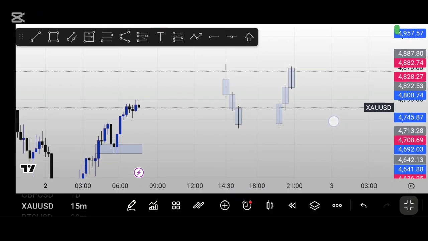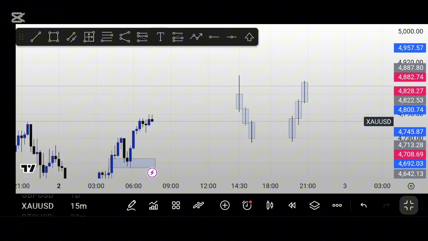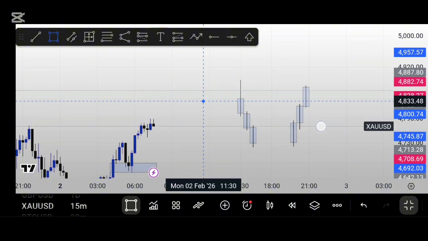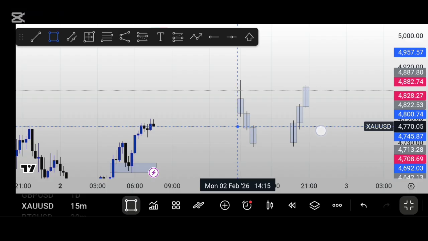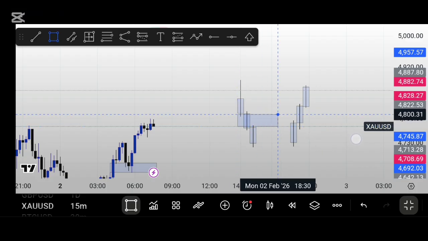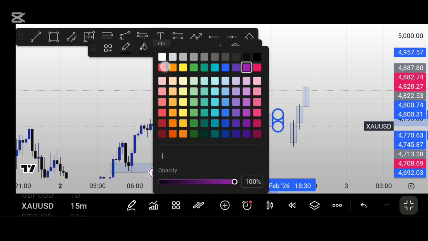Fair value gap is a gap between two candles, you understand? So for instance, these are my candles. If you look very well, you see this gap in the center. This particular place I mark, let me change the color to red at least.